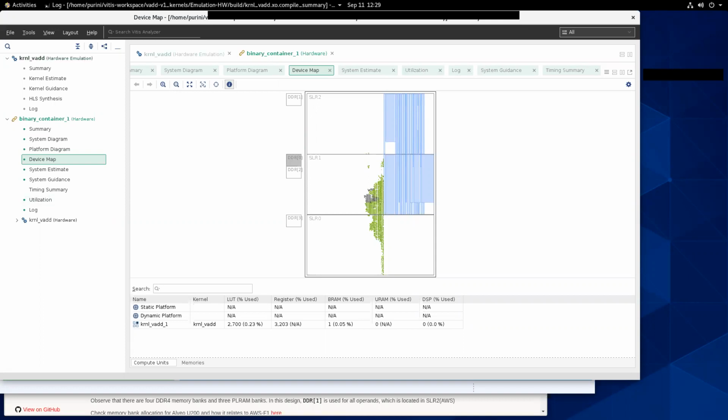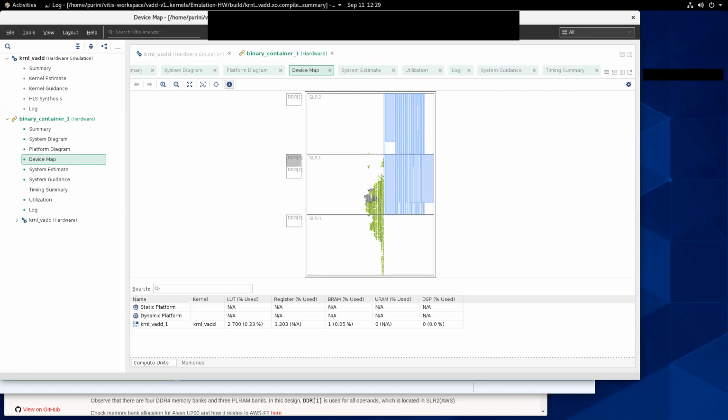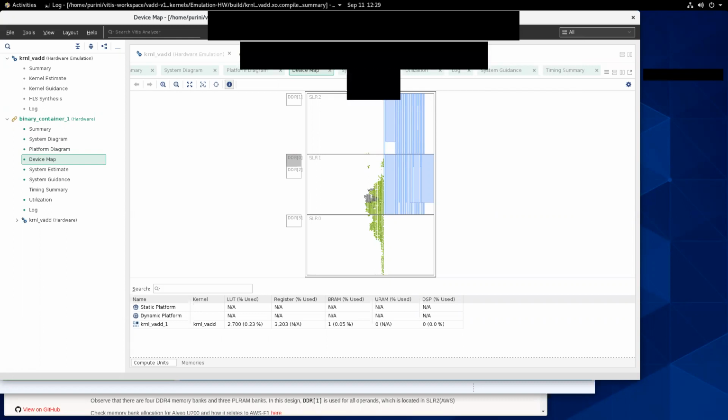That is related to the platform of the design. If you recall, when we talked about host and kernel code, the accelerator card has to communicate with the host through PCIe, and with the memory on the card through a DDR controller.